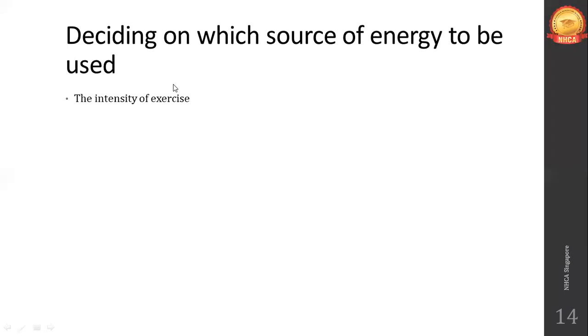Okay, just look at the graph and see, or just put your finger around the low intensity exercise and drag it upwards. Which kind of energy do you require? Is it fat or muscle glycogen? When the intensity of the exercise is low, which kind of energy are you using a lot?